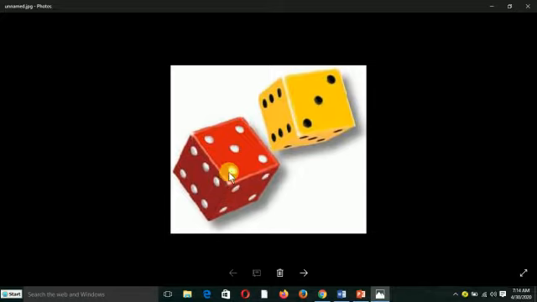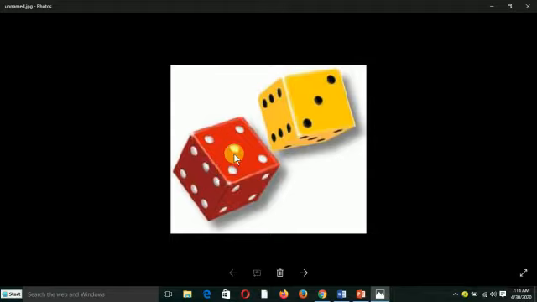So here this die is not complete. Let me show you an exact die. It must have six sides, like a cube, and each side must have values ranging from 1 to 6. The first side has only one dot. The second has 2. The last one has 6 dots. This is the fourth one.